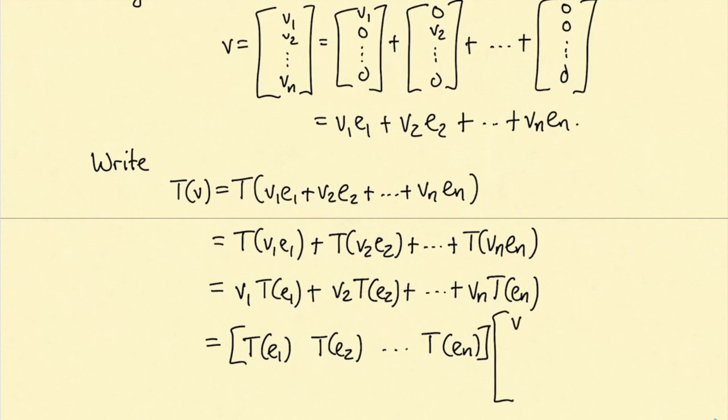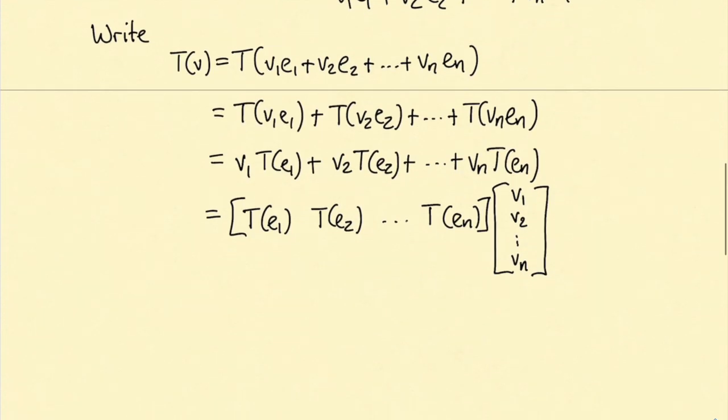Since this is simply a linear combination of these new m-dimensional vectors, we recognize that the column vector v1, v2 down to vn that we've written here is the original vector v.